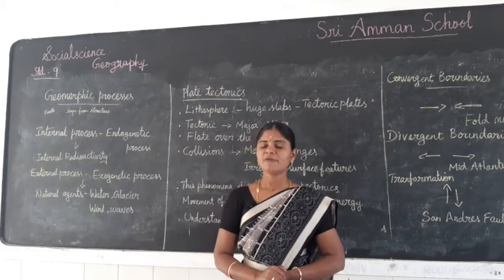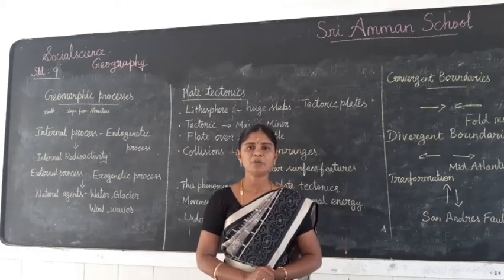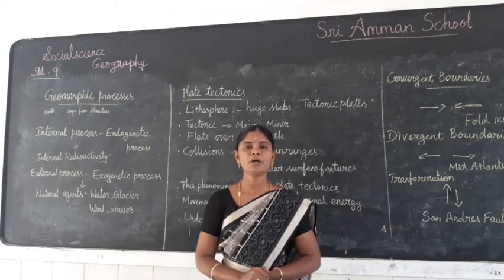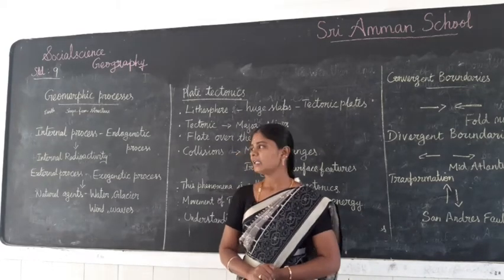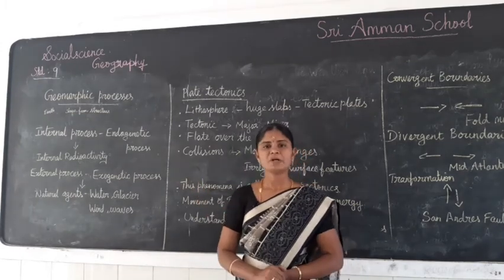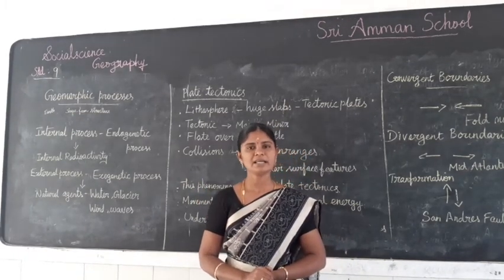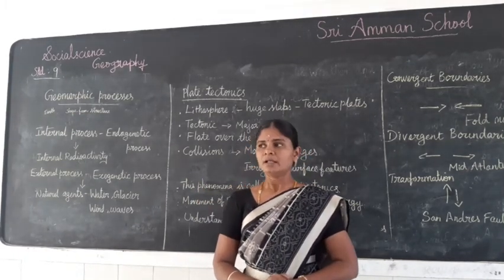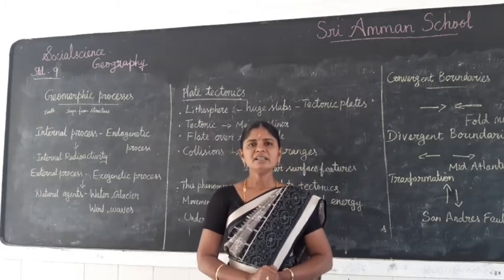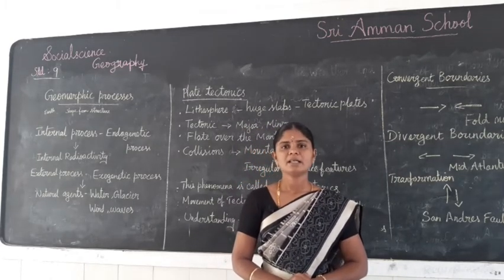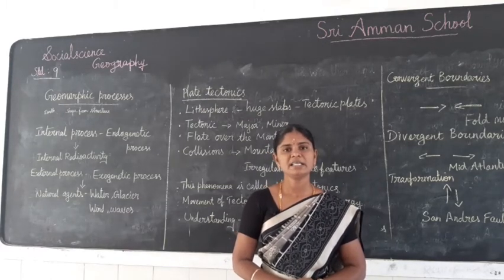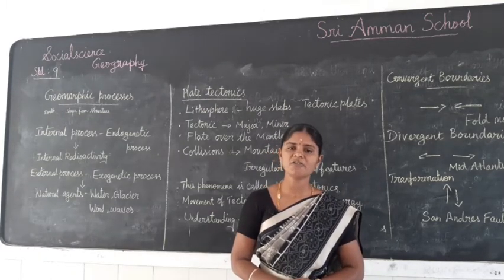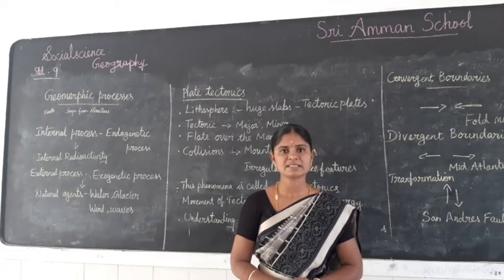These forces tear the landscape down into relatively low-elevated plains and shape the landforms created by the endogenetic process. Are you clear? Yes. For the internal process, internal radioactivity is the principal source of power.